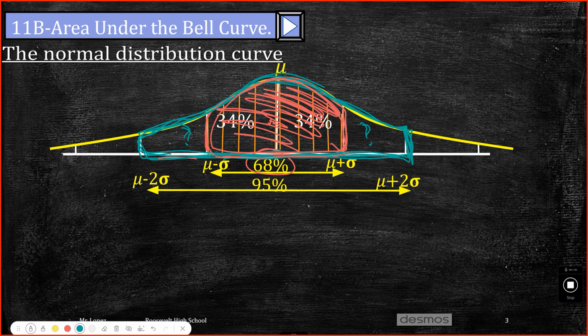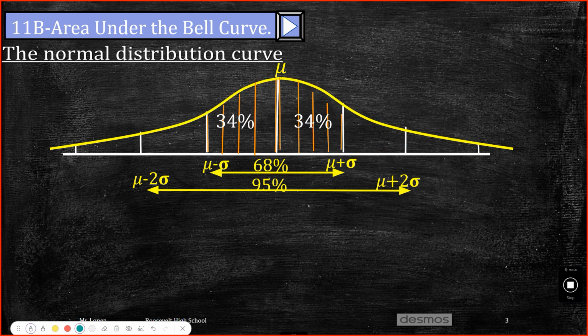Anybody? 13.5 is correct. How did you do that? You subtracted 68 from 95 and then divided by 2. So this is 13.5%, and that over there is 13.5%.